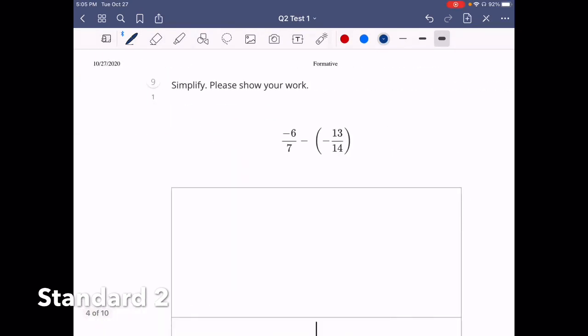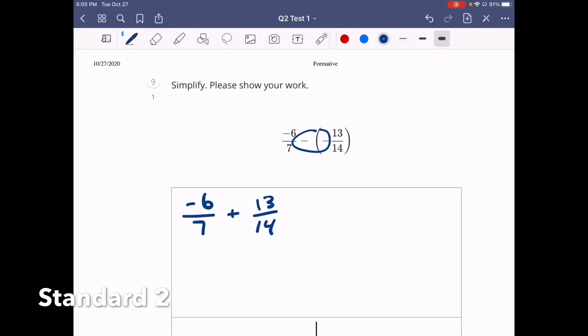Number 9, simplify and please show your work. So now we have a bunch of negatives and we also have fractions, which is always fun. So I'm going to, again, rewrite this as an addition problem, right? So I have negative 6 sevenths plus 13 fourteenths. Now, a lot of us forgot that we have to find a common denominator here, right?